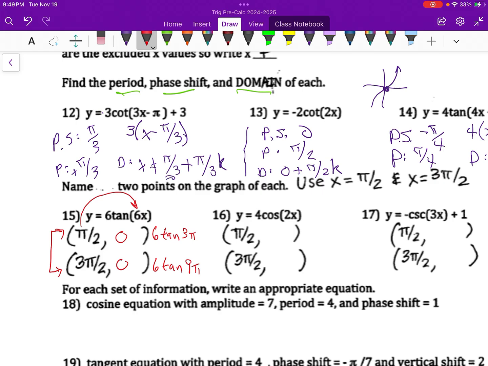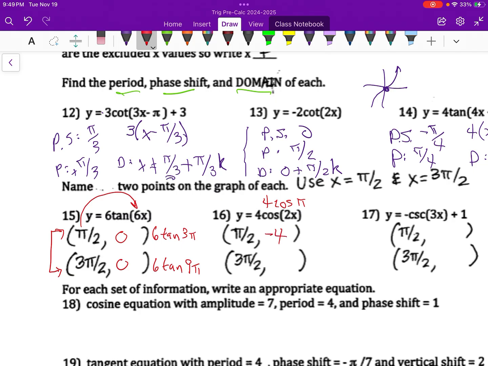Let's try 16. Cosine of, so this is really 4 times cosine of pi. Is that right? Yep, that's right. Cosine of pi is -1. -1 times 4 is -4.